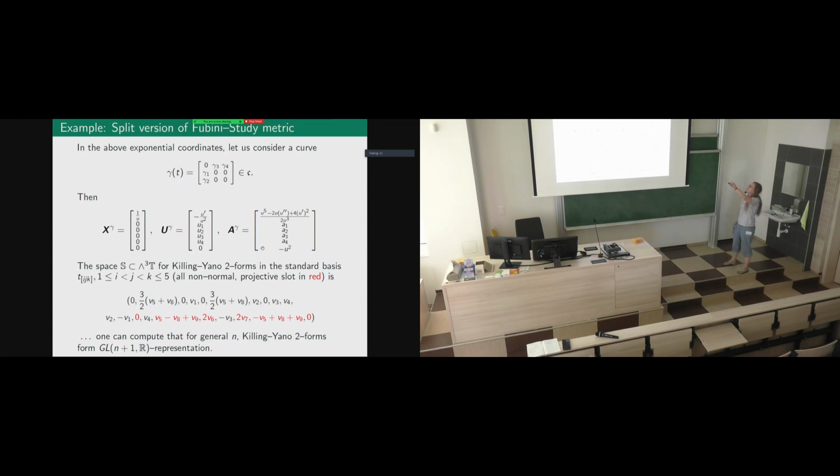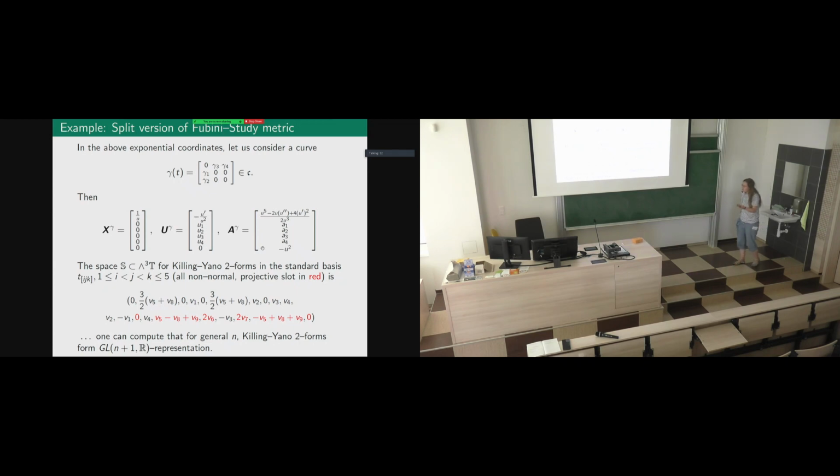So in these exponential coordinates, we consider this curve. Then we can describe all the three tractors like this. And for those who are interested in details, here is how the solution of the corresponding BGG looks like.